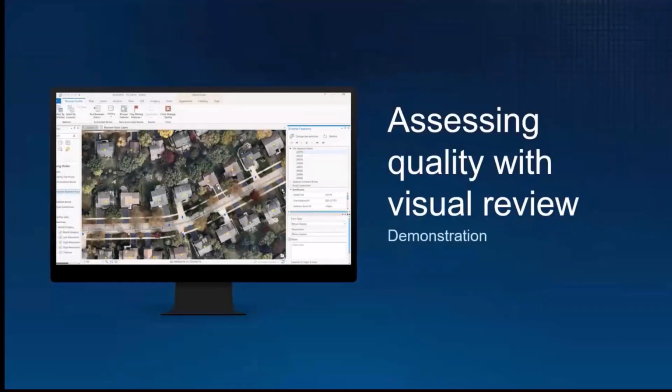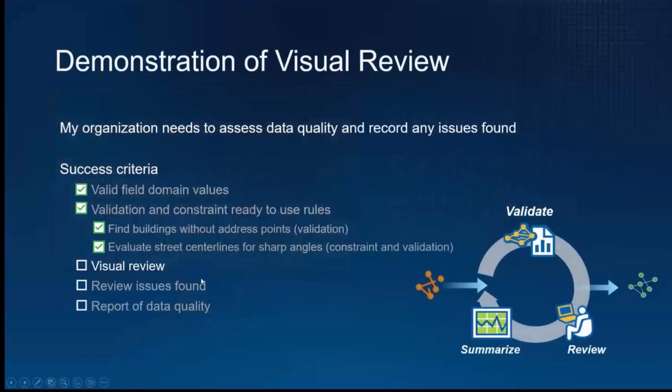Great, thanks, Jay. As I go through and assess the data quality using a visual review, I want to keep in mind what data I've looked at and keep track of it.